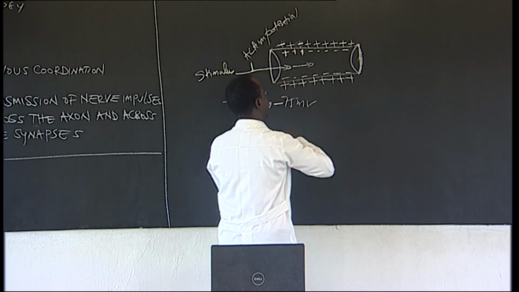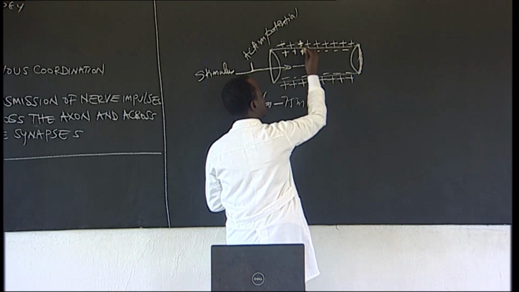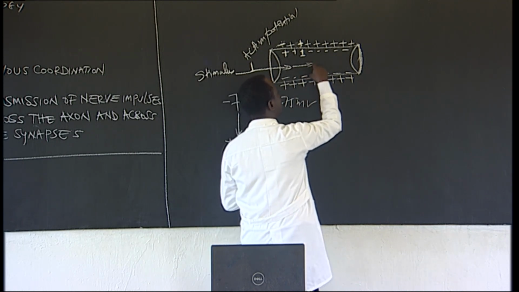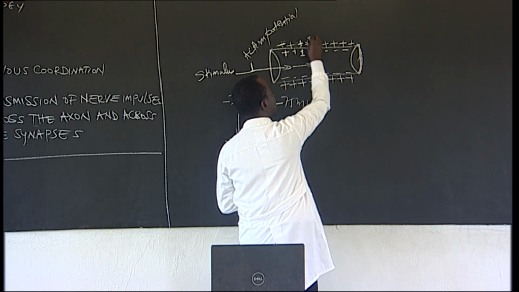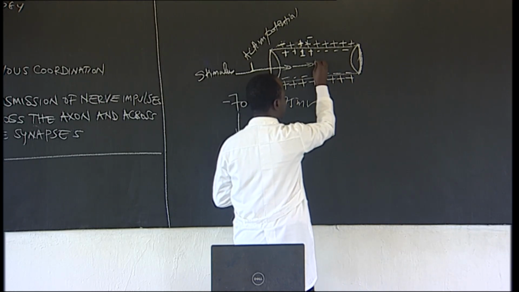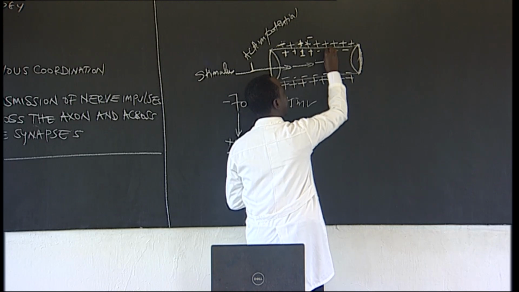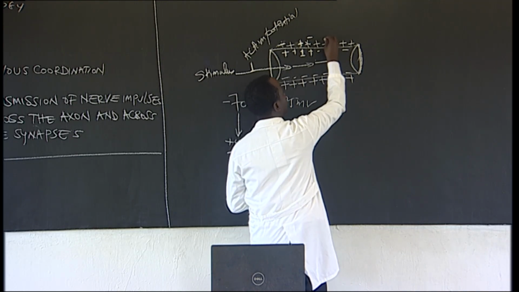And when it reaches here, this positive can go here, then our negative will come inside. Are you getting this? And then when the message reaches here, the positive comes in, then the negative goes out. So the message continues. When it reaches here, the same: positive gets in, and then the negative goes outside.